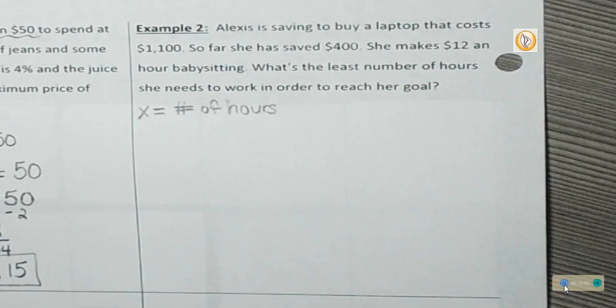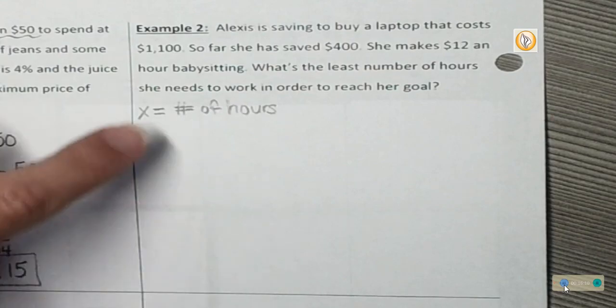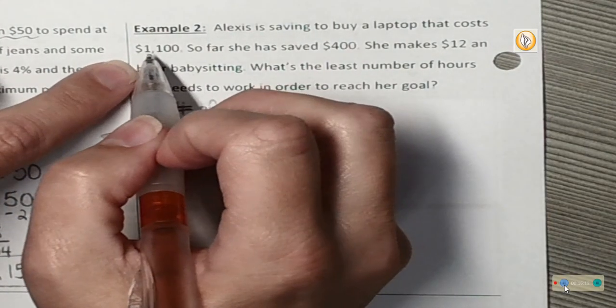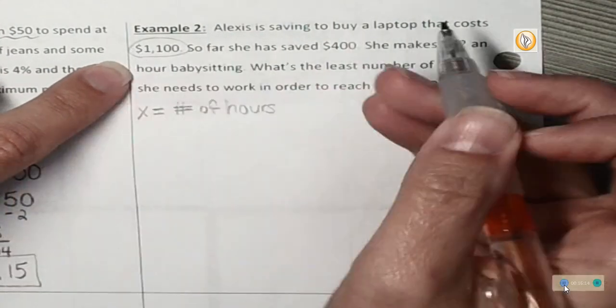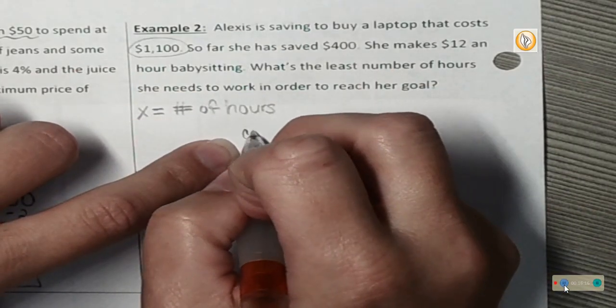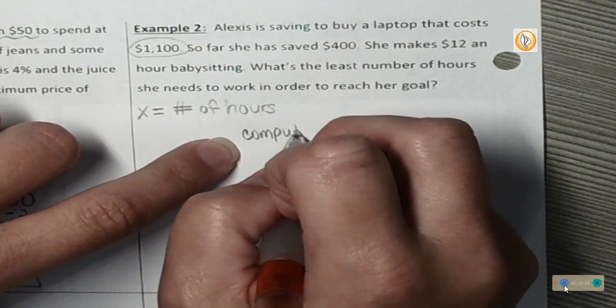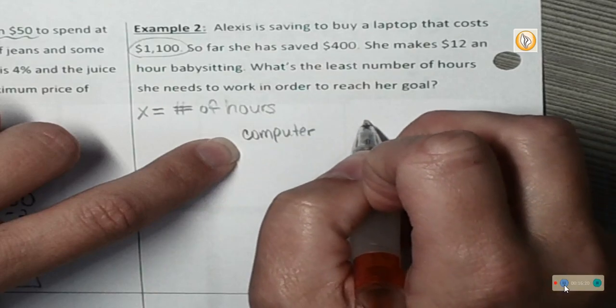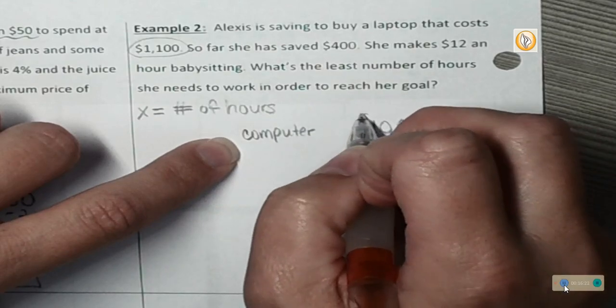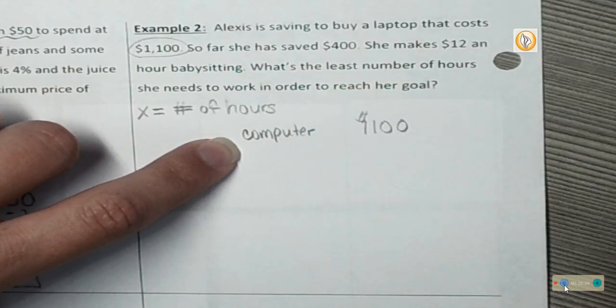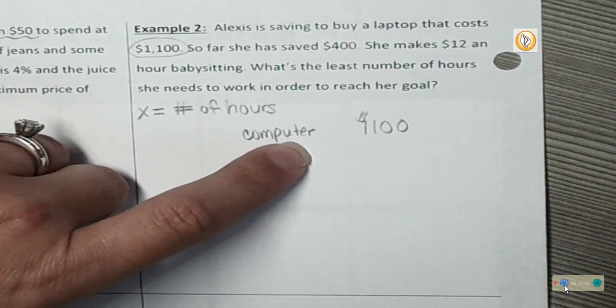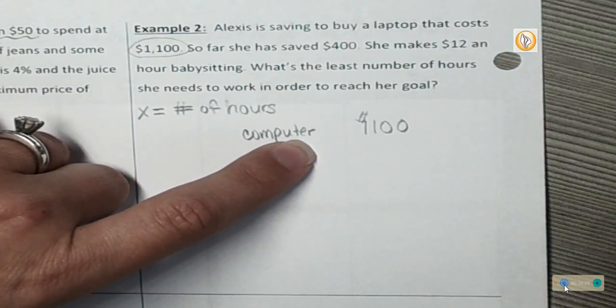Now, what is her ultimate total here? What does she need? She needs her money. And how much does she need? All right. So, the computer is going to cost her $1,100, right? What's going to happen if she has under $1,100?